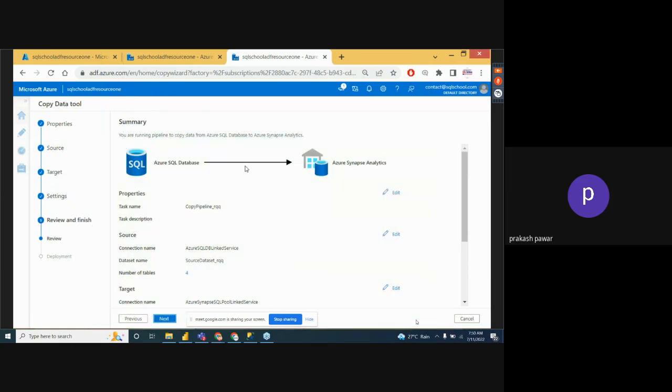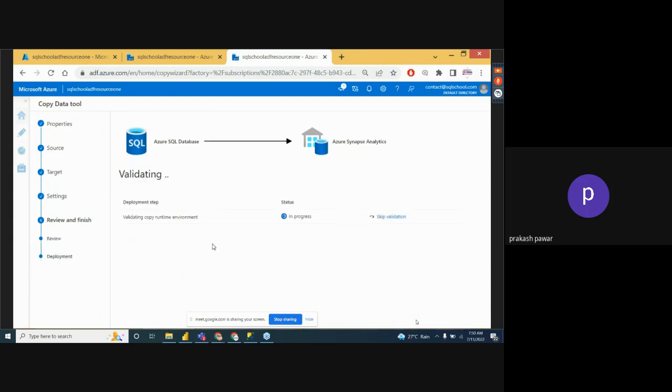For transformations you require something called a stage in between. Next, this creates a pipeline. It creates something called a data set, remember.